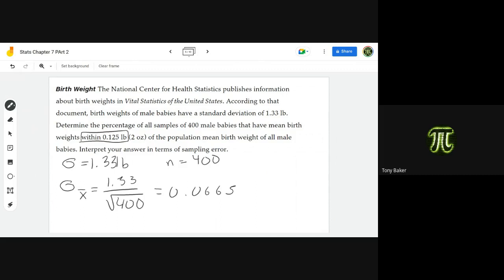All right, so we want it to be within 0.125 pounds, right? So I need to find what my z-score is for that. Now remember, my z-score was the 0.125 divided by the standard deviation.